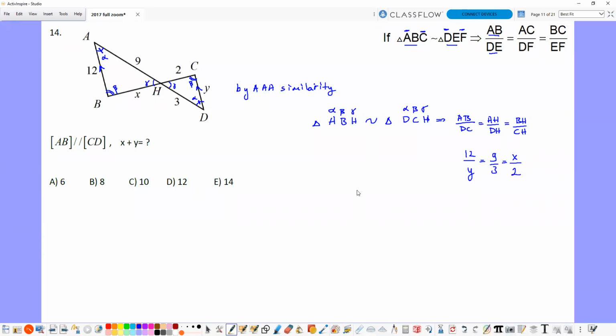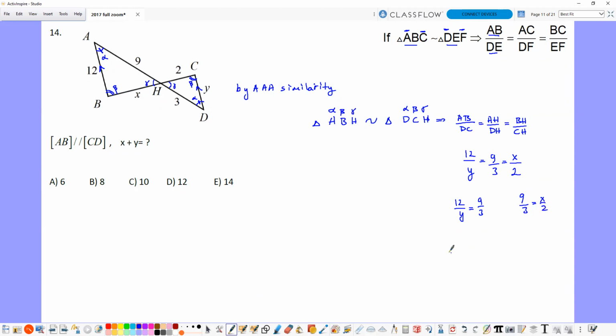With respect to this, I have two proportions here. The first one is 12 divided by Y is equal to 9 over 3. The second one is 9 over 3 is equal to X over 2.